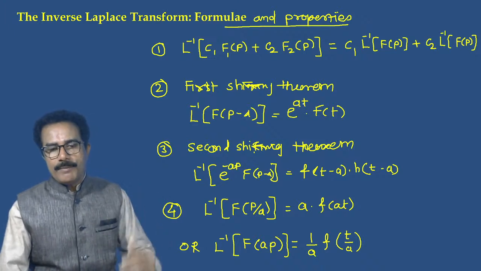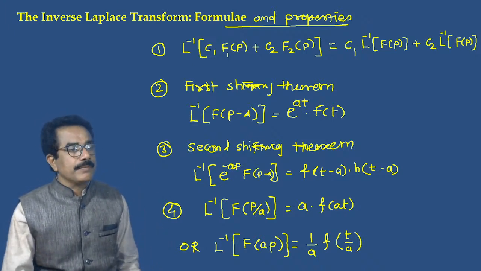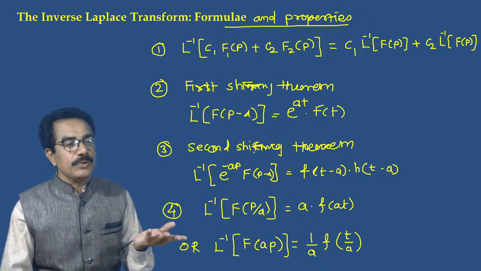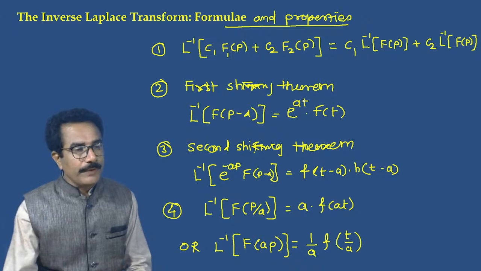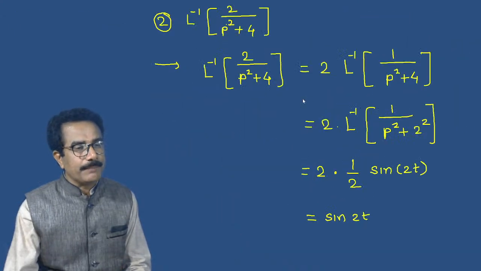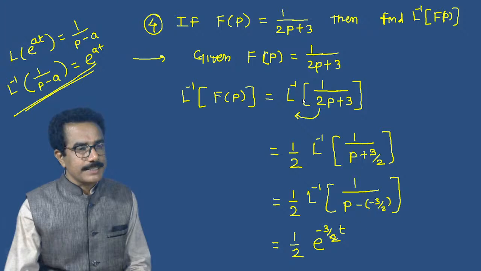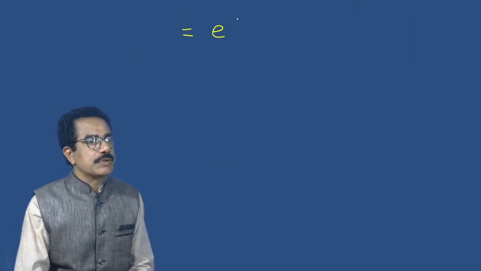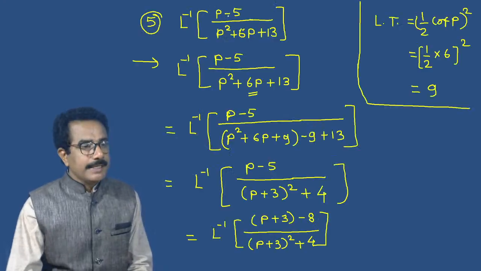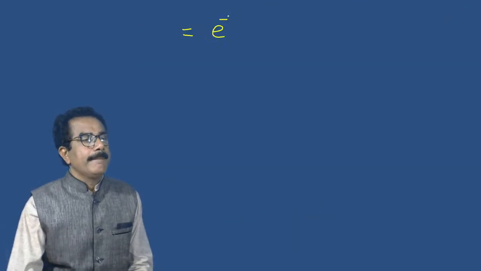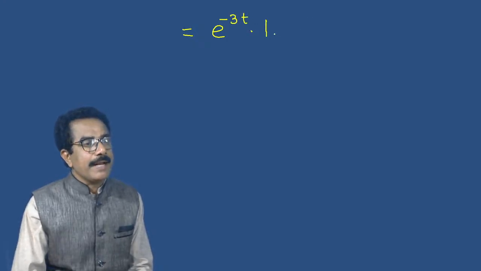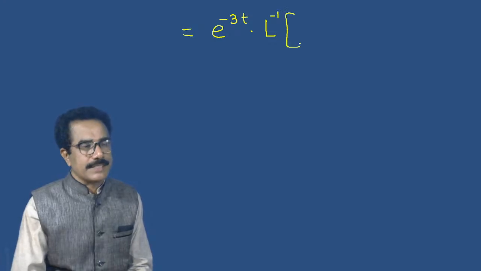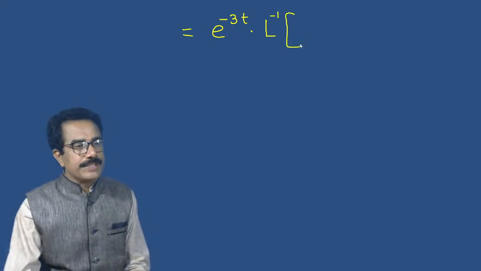That means in the form of Laplace transformation, p minus a gives e raised to a t. So by the shifting property, we write e raised to minus 3t.